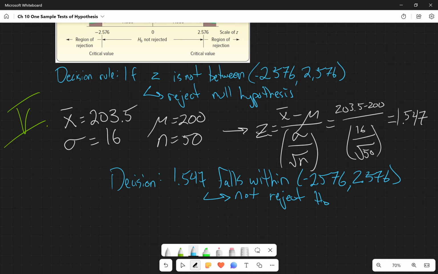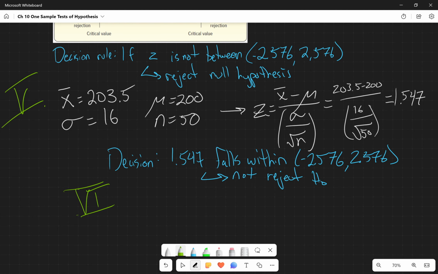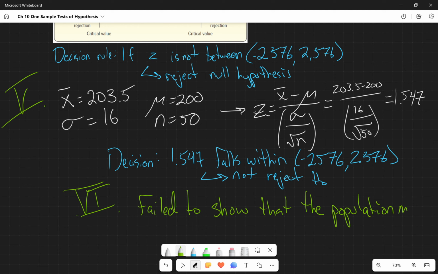And then we can interpret these results in our last step, which says we did not reject the null hypothesis, so we have failed to show that the population mean has changed from 200 per week.